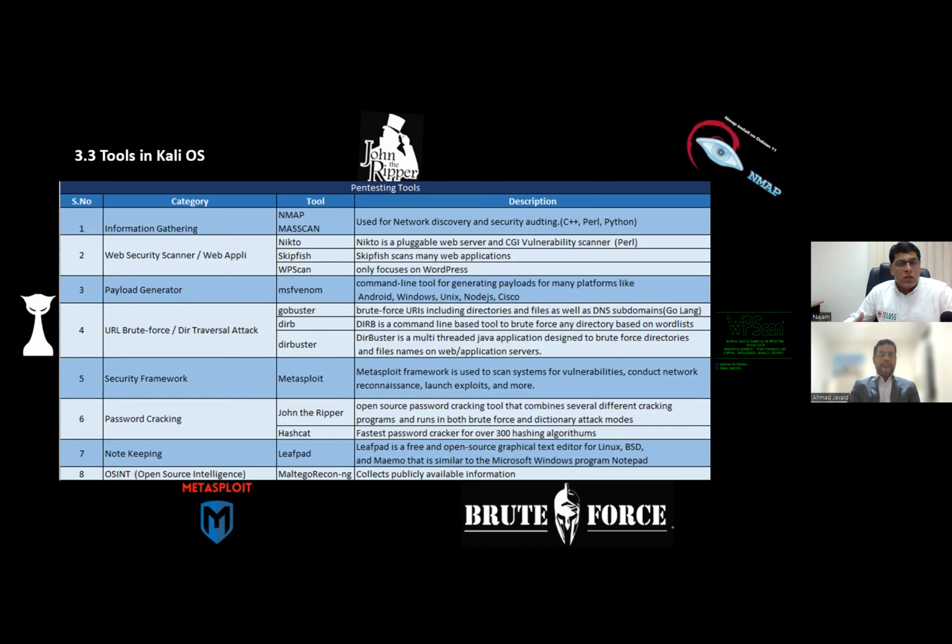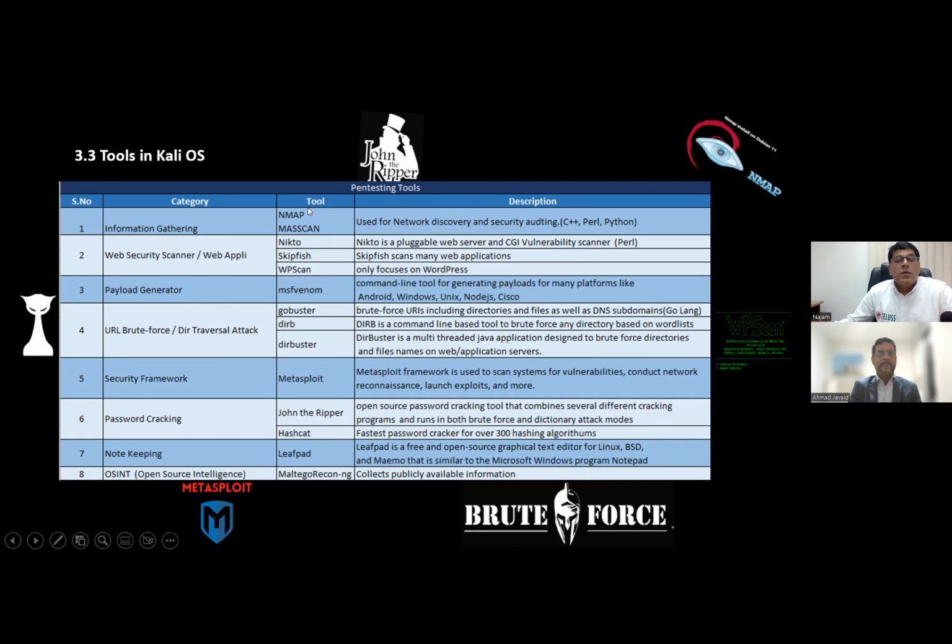The other tools for web scanning are Skipfish, which is a general tool for web applications. Then you have WPScan, which is especially designed for WordPress websites, and this tool is written in Ruby.